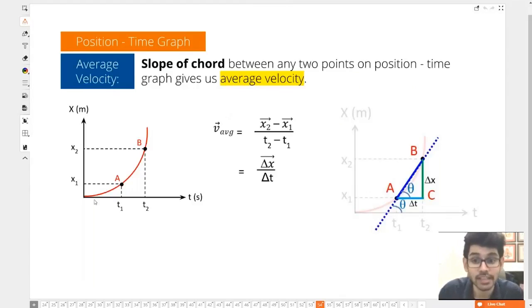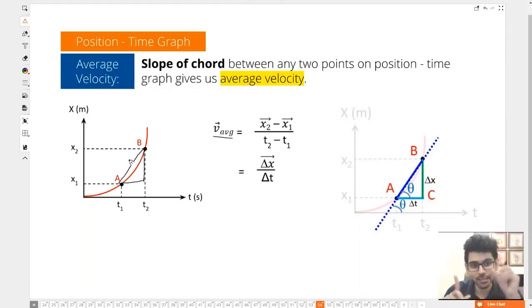Average velocity, my dear students. So this is a position-time graph. What is average velocity? V average is x2 minus x1 upon t2 minus t1. You can construct this triangle here and find the slope of the chord, not the tangent. Tangent means at a very small instant, because here I'm talking about a bigger duration of time. So this is delta t.